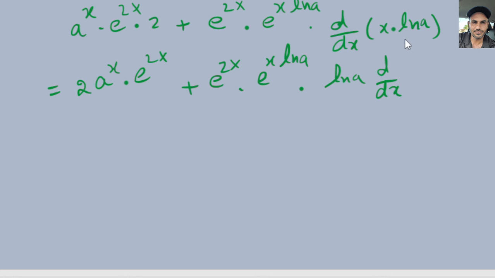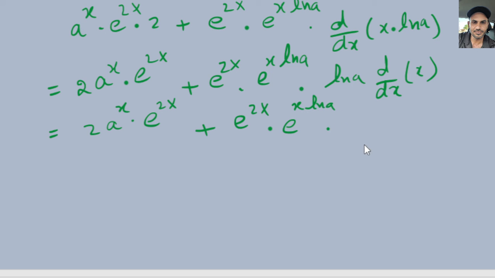Okay, if it was a plus, then the derivative of that would be just 0. Since this is a multiplier, a coefficient, we can pull it out of the derivative term and just leave the x inside the derivative. So we get 2a to the x times e to the 2x plus e to the 2x times e to the x ln of a times ln of a times the derivative of x, which is just 1.